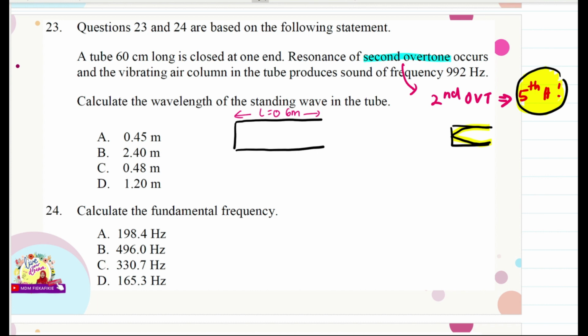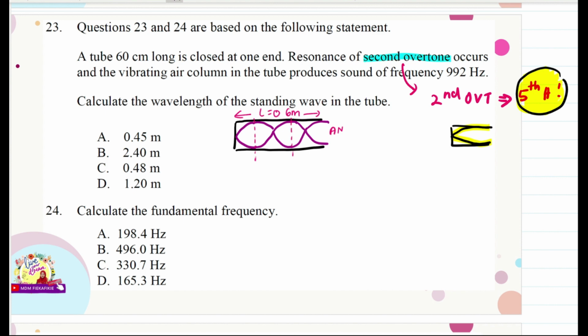Means that kena lukis bentuk ataupun pattern C tu 5 kali. 1, okay, 2, 3, 4, 5. Okay, so pastikan hujung ni adalah antinode. Okay, so kalau kita cuba bahagikan, kita ada 1, 2, 3, 4 dan 5.